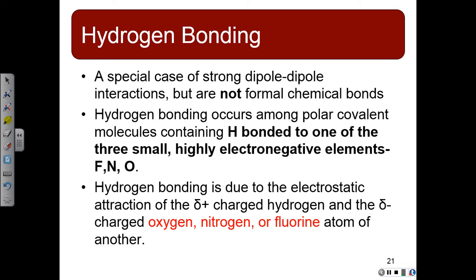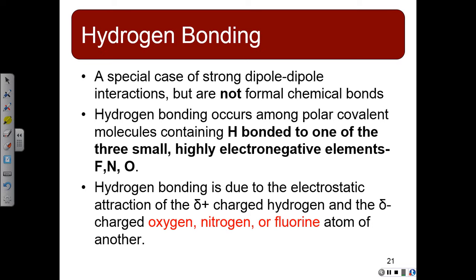Hydrogen bonding occurs among polar covalent molecules. This is where, if you need to, go back and review Chapter 7, because it's all about electronegativity, polar covalent and nonpolar covalent. It's when you have a hydrogen, hence the word hydrogen bonding, bonded to one of three highly electronegative atoms: fluorine, nitrogen, and oxygen.